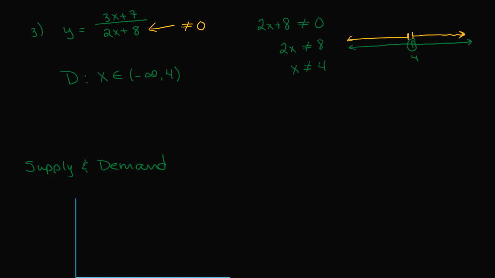Along with this, united with this, we can start at 4, but we can't include 4, and go all the way over to positive infinity. So for this example with this rational function, the domain is the set of all x from negative infinity to 4, not including the 4, along with 4 to infinity, not including the 4. So this gives us the domain for this particular rational function.